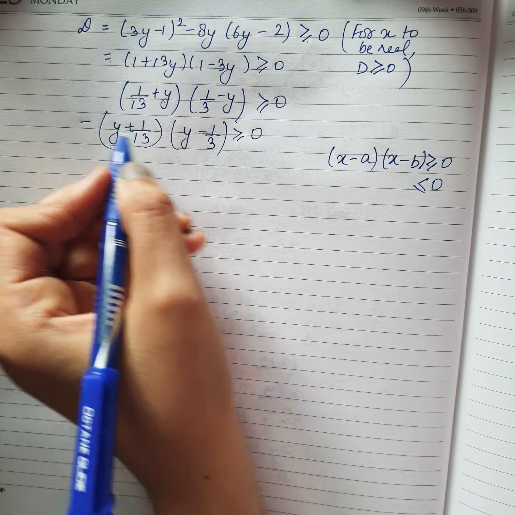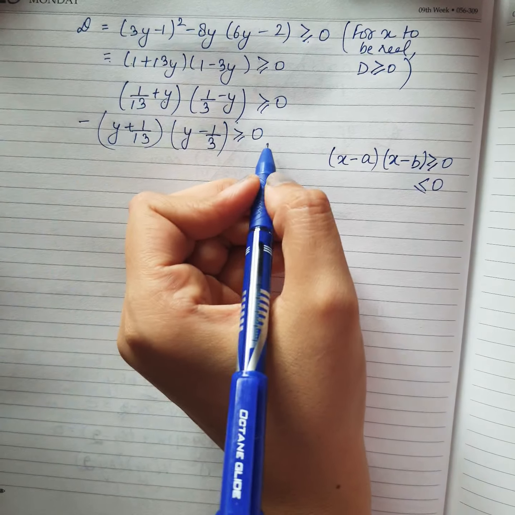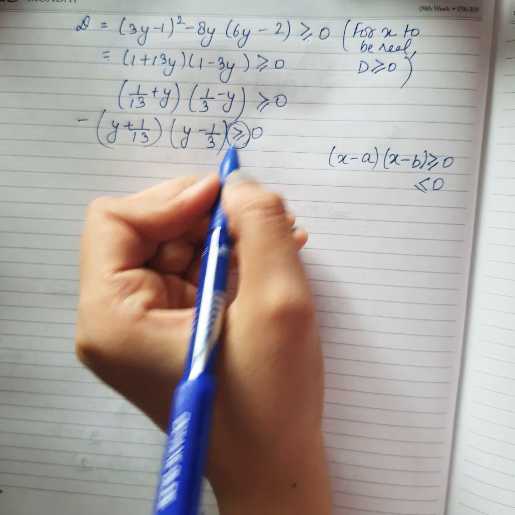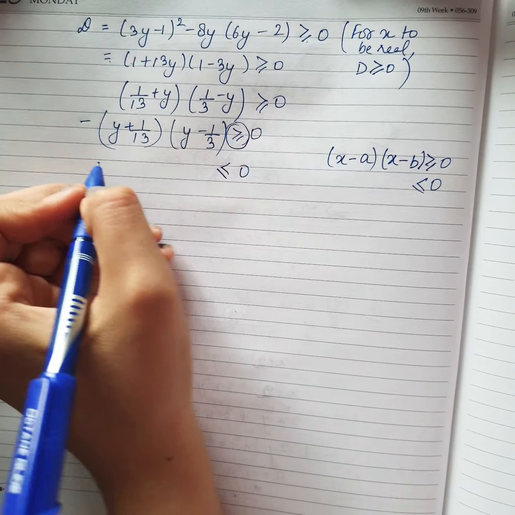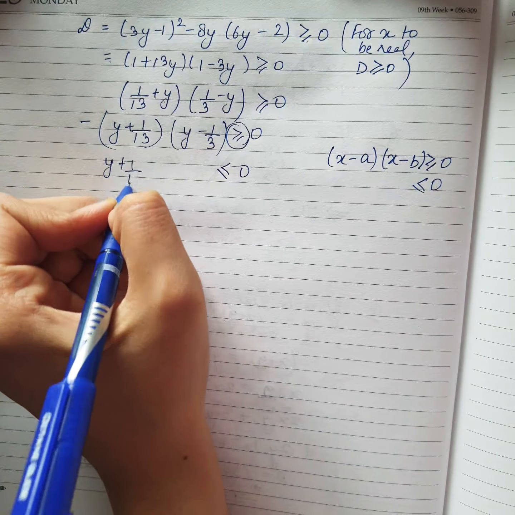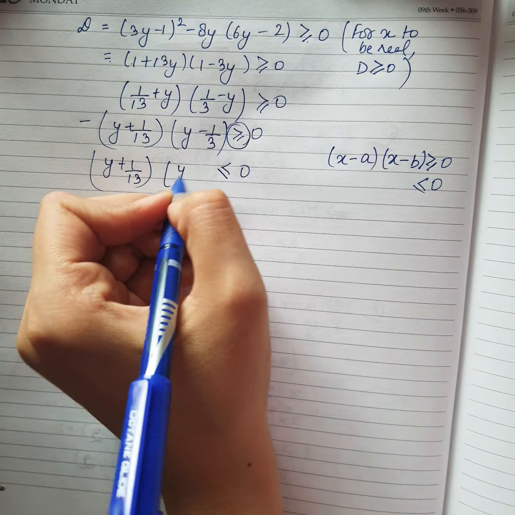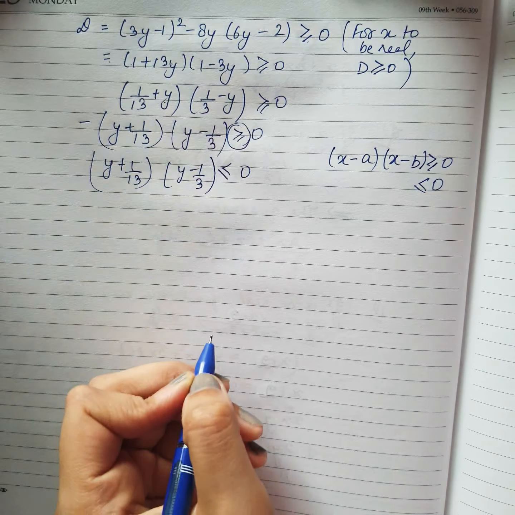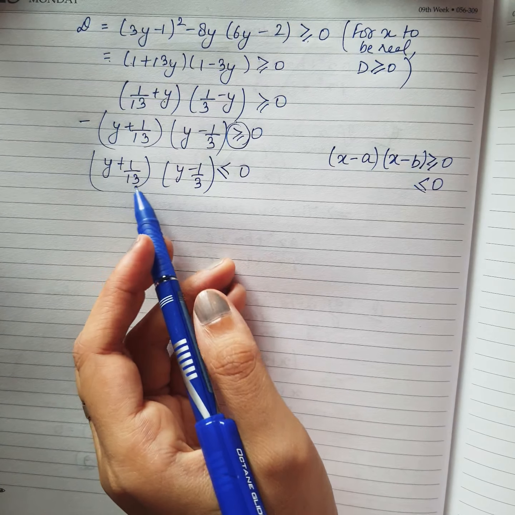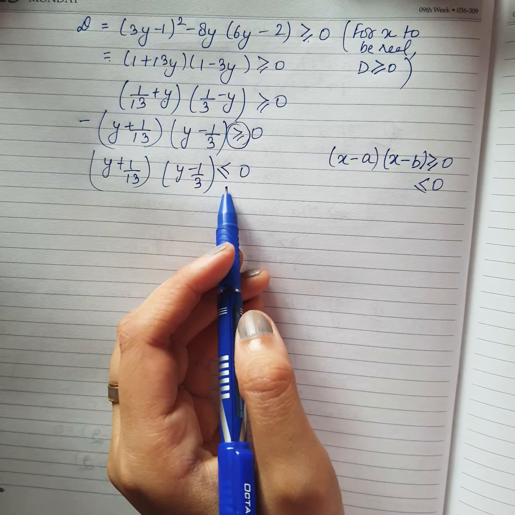So to remove this minus sign, dividing by minus will change the sign of the inequality. So now this is y plus 1 by 13 and y minus 1 by 3.